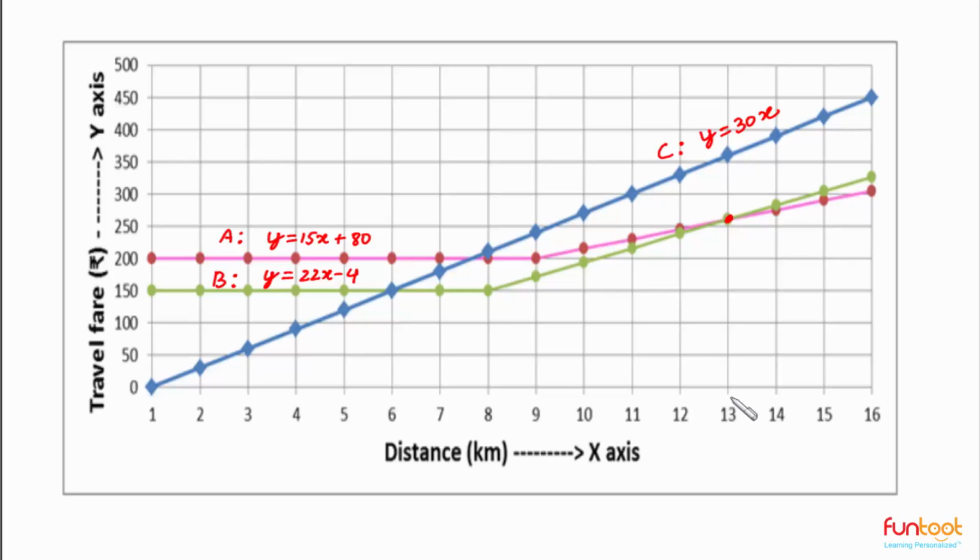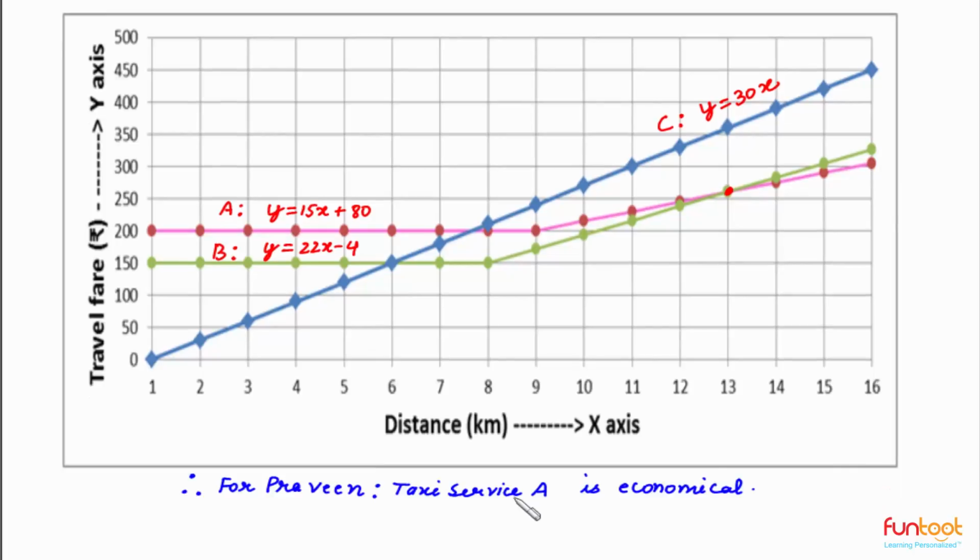That means for any distance greater than 13, taxi service B is costly as compared to taxi service A. Therefore, for Praveen, taxi service A is economical.